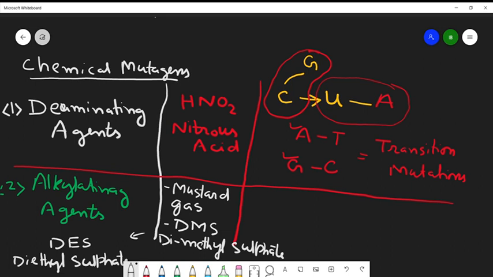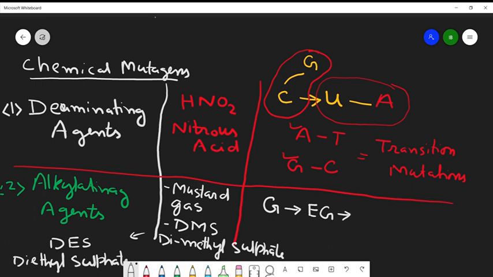For example, if guanine is present in the DNA, then after guanine gets ethylated, it becomes ethyl guanine. Normally guanine would base pair with cytosine, but ethyl guanine is very unstable.